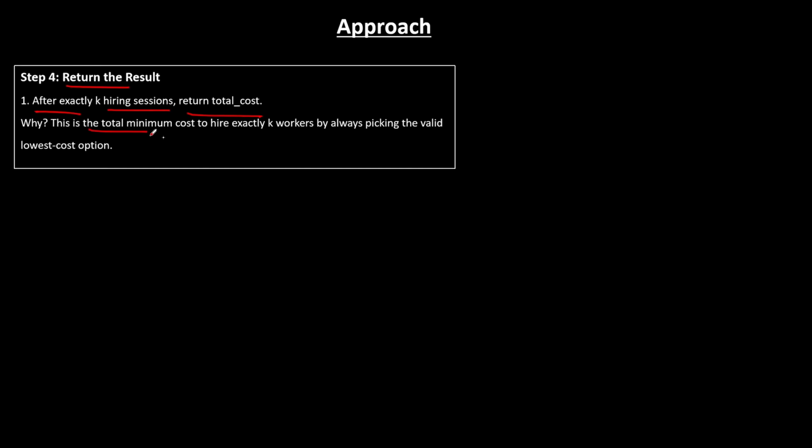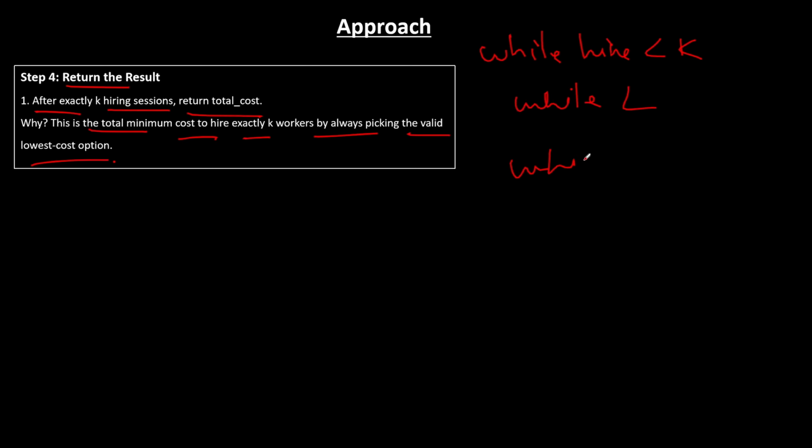So basically, in summary, while hires is less than k, we have a while loop for the left and a while loop for the right, and then the left value and then the right value. Then there is a comparison between them, left and right.